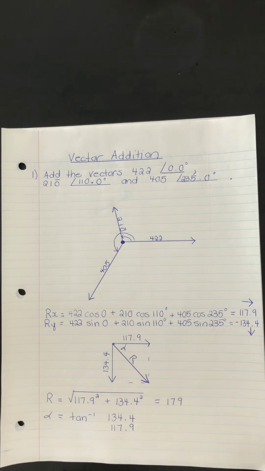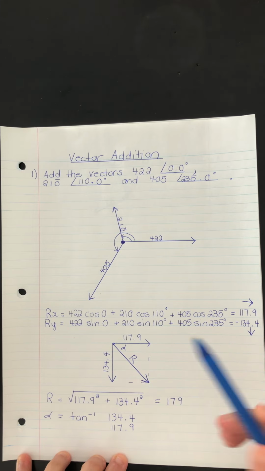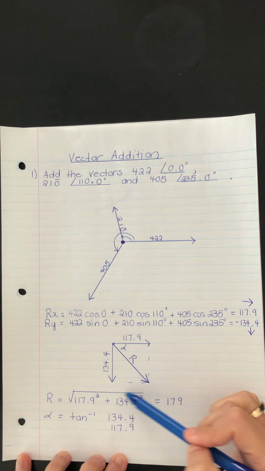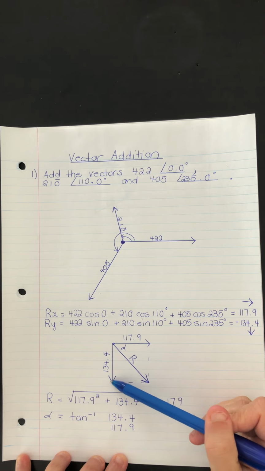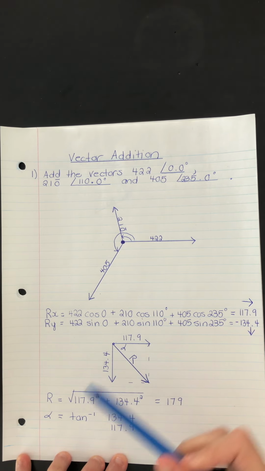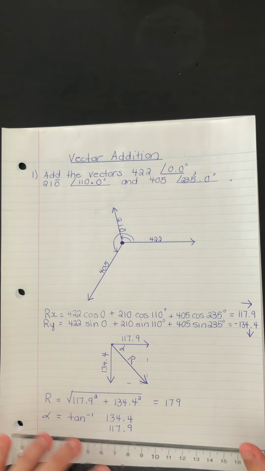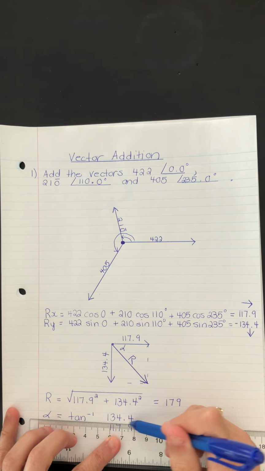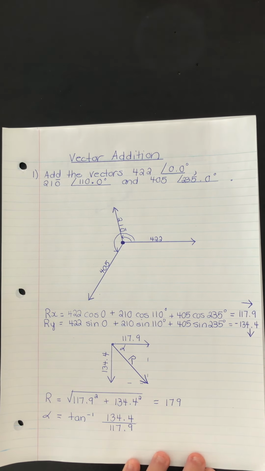But again, once you draw the diagram, you no longer include any negative signs because the negative is indicated by the direction. So we don't want any negatives in these calculations at all. All right, so here we go, and I'm gonna round the angle to the tenth.